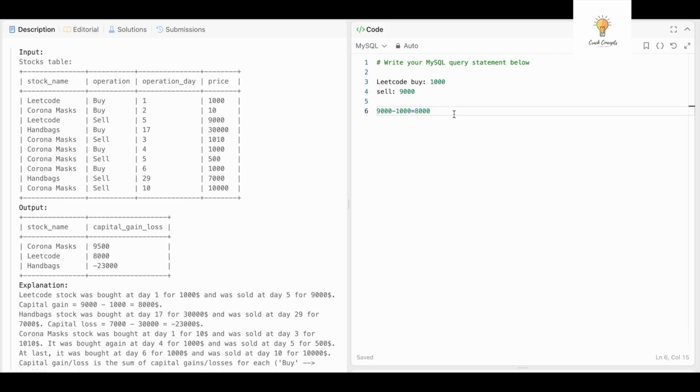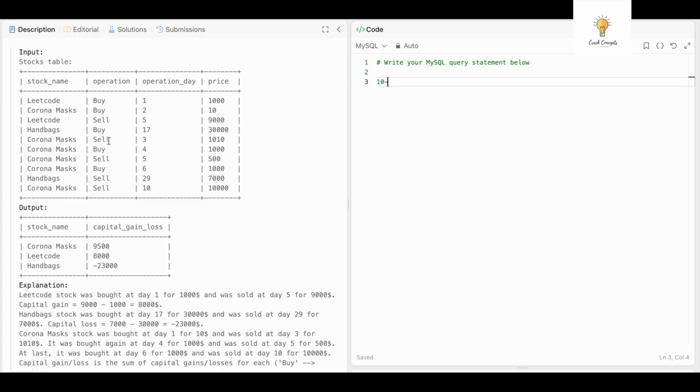As you can see in the output table, the capital gain or loss is 8000. Let's see for Corona mask. Now as you can see in the table, Corona mask has been bought once, sold once, then it is again bought, then it is sold, and then again it has been bought and then it is sold. So there have been multiple cases of buying and selling for Corona mask. So let's see one by one. Corona mask was bought on operation day 2 at price 10.